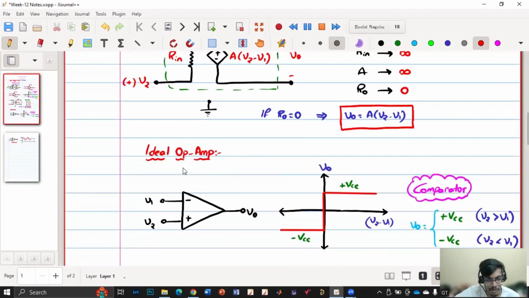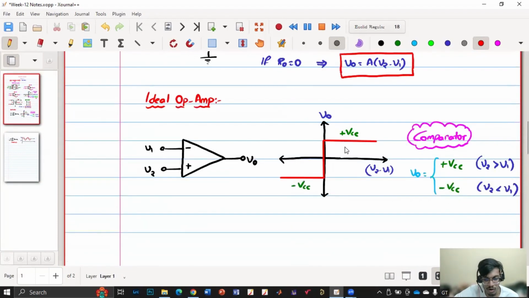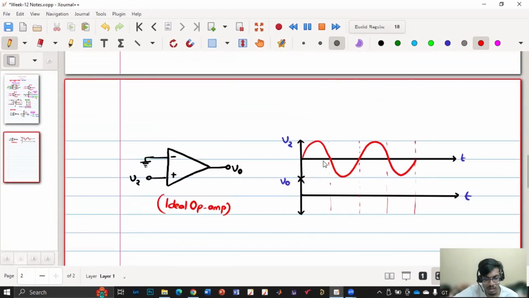Say I'm considering this ideal op amp. So this is my V0, either plus VCC or minus VCC. Can you tell how my V0 will look like? Anyone? Neetu Srivastava, can you tell me how this V0 will look like?